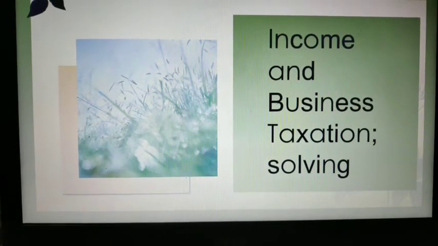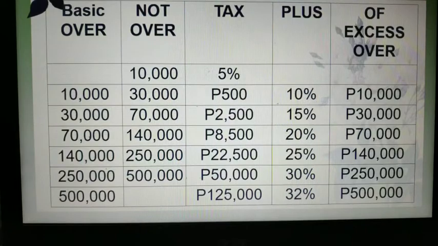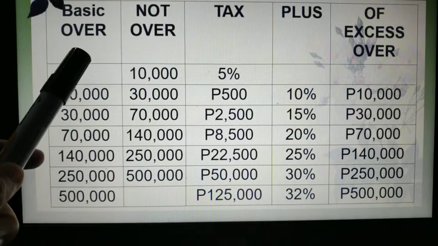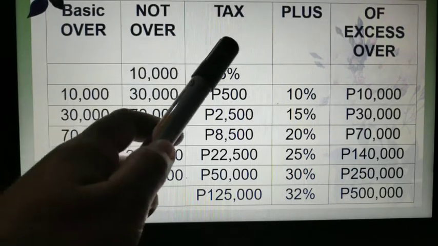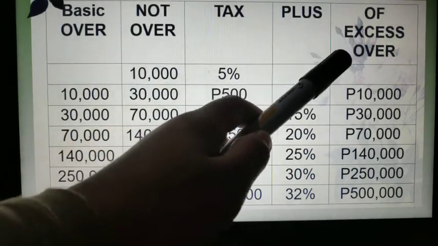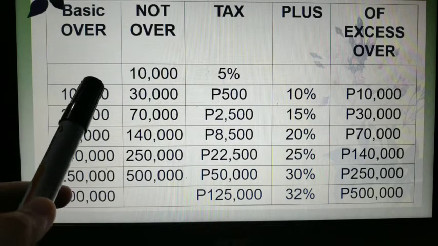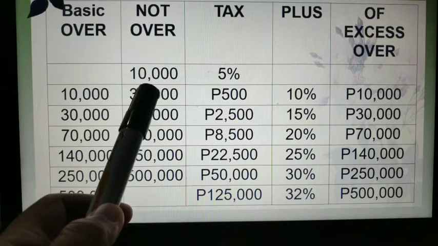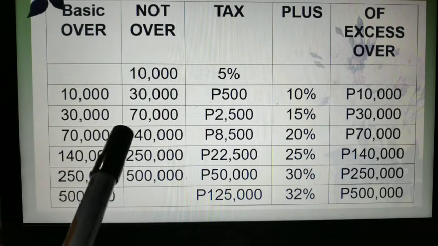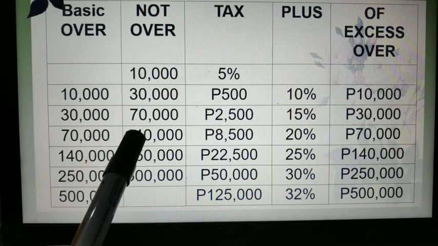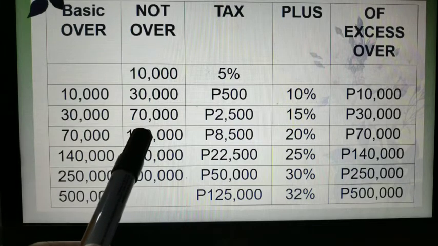So first and foremost, we will be talking about the tax table. For the tax table, as you can see, mayroong basic over, not over, tax, plus, and of excess over. For this table, itong basic over and not over, it is the ranges of the income generated by the business.